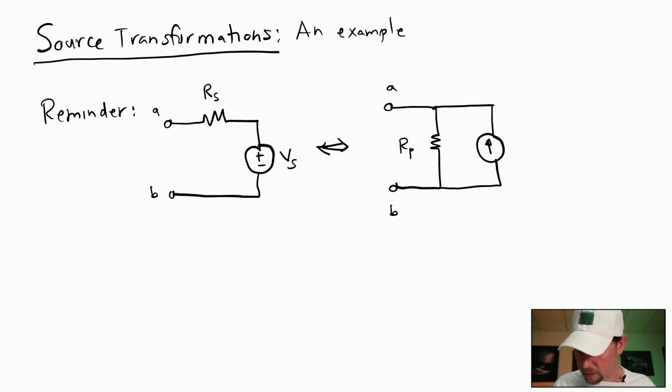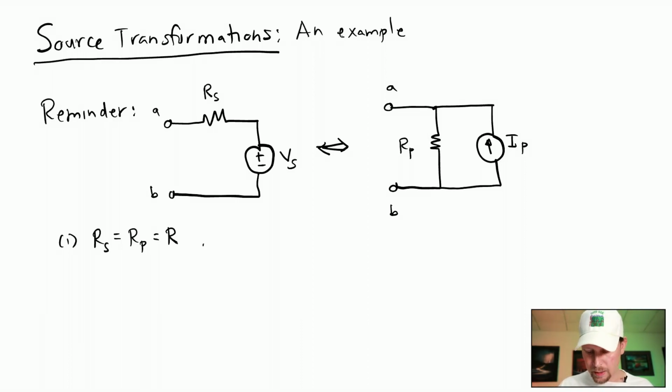So suppose that this is Rp, this is I sub P, provided two things are true. So these will be equivalent if, first and foremost, Rs and Rp, they must have the same value.